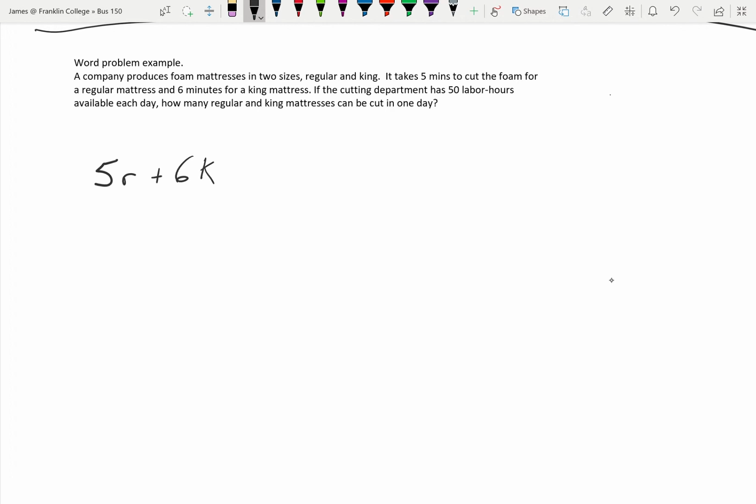And now note we have 50 labor hours per day. So these are in minute terms, 5 minutes for a regular mattress, 6 minutes for a king mattress. We have to figure out how many minutes are available in a day. So 50 times 60 equals what?